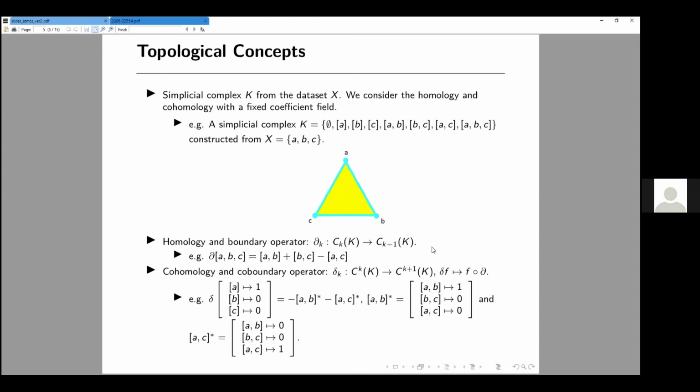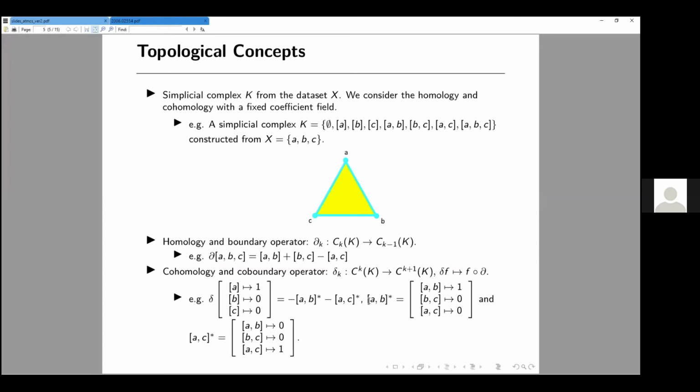Now, analogous to the boundary operator defined in homology, we can also define the co-boundary operator in terms of the boundary operator in this way. Let's look at a very simple example. The co-boundary operator acting on the function which maps vertex A to 1 and the other two vertices to 0 gives minus AB star and minus AC star.